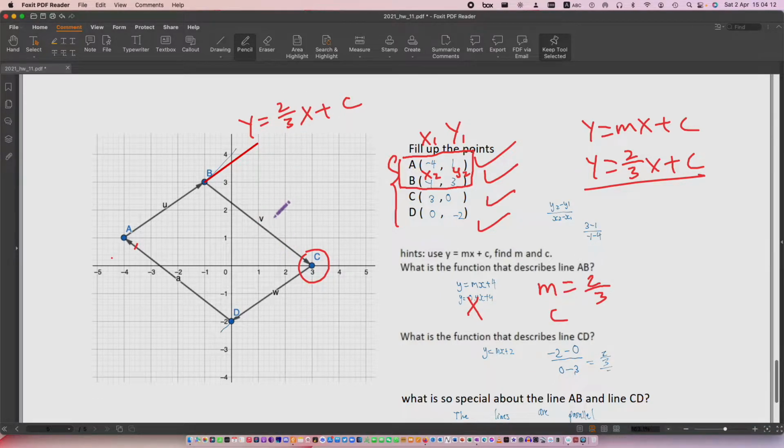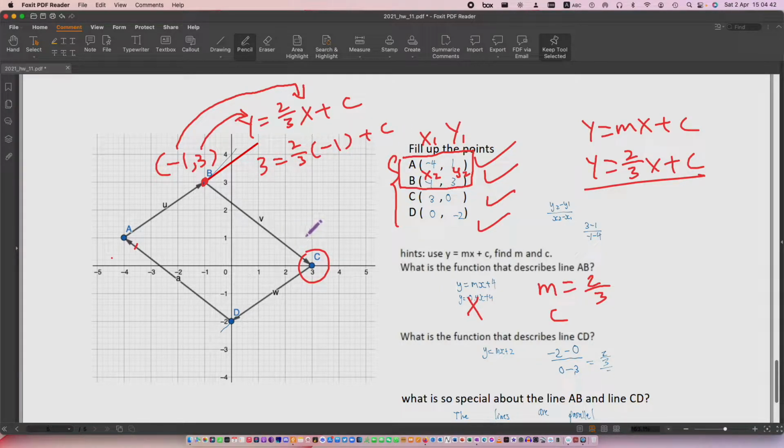Okay, and then by the way, this point is your -1 and 3, right? Okay, so what this means is if you put in the -1 here and you put in the 3 here, you can get your c. So I put in, my y is 3, this is y, right? So I put it in, the -1 I also put it in, plus c.